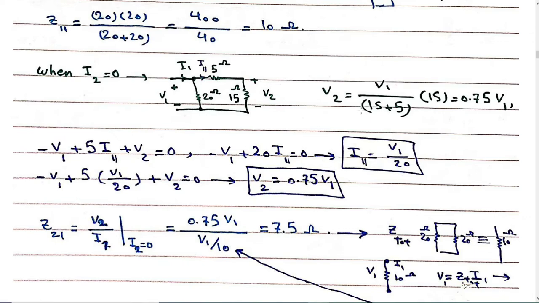Write the voltage divider over here, so you can write V2 as a function of V1, which is 0.75 V1. These two V1s will cancel each other out, and you will get 7.5 ohms for Z21. Clear? Questions?